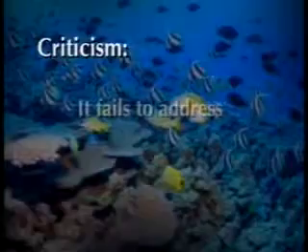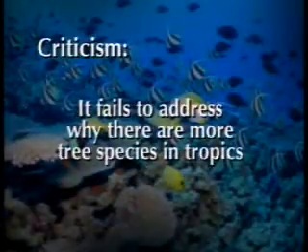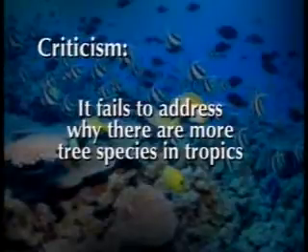In fact, this theory has certain loopholes and it has been criticized. The most important criticism of this theory is that it fails to address, in the first place, why there exist more number of species in tropics.